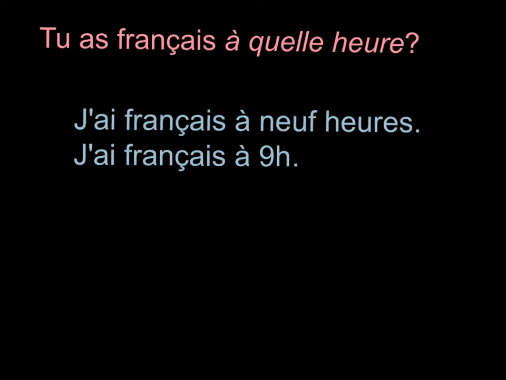Okay, and I just wrote the second sentence so you can see how it's abbreviated. We write time like this with a colon, okay, 9 o'clock. They write it with an H because it signifies heure. So 9H, 9 o'clock. J'ai français à 9 heures.